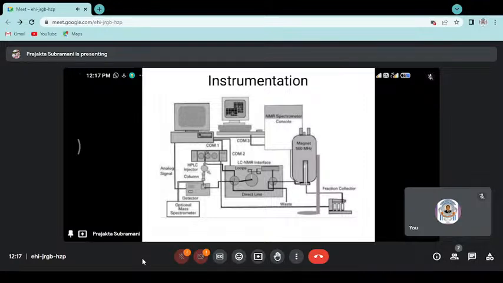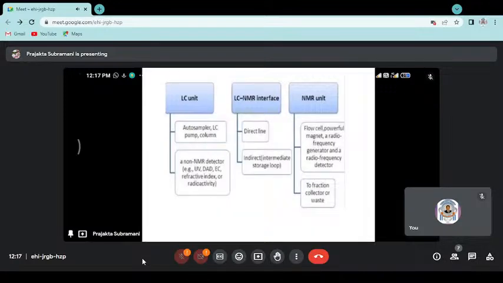This is also a block diagram of the LCNMR hyphenated technique. In HPLC we require a solvent reservoir, auto sampler, pump, a column for the separation, and a detector. A non-NMR detector is generally used. Then there is the LC-NMR interface, and these interfaces are of two types: direct coupling and indirect coupling.